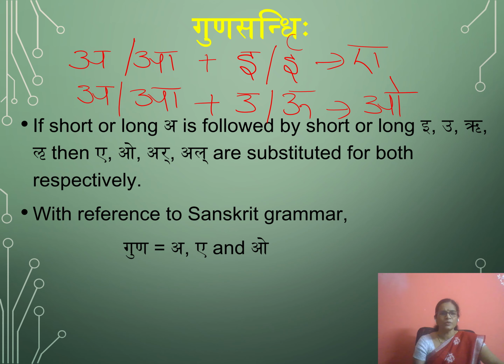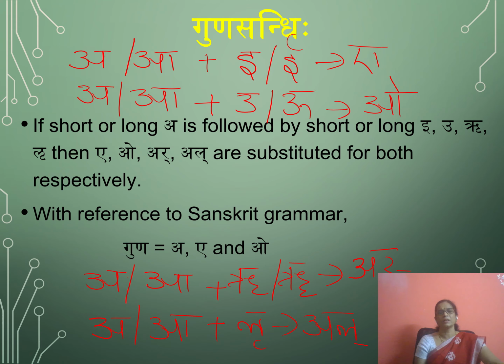Similarly, if the first word ends with a or long a, and the second word starts with short or long r, then we will get ar. Then if the first word ends with a or long a, and the second word starts with l, then we will get al.